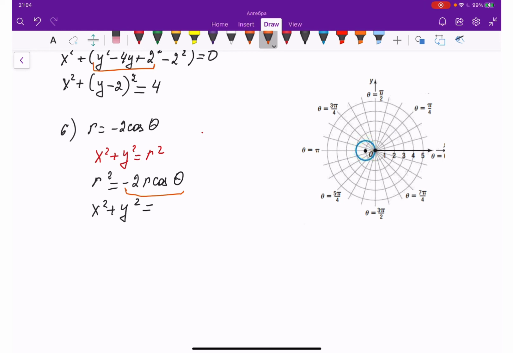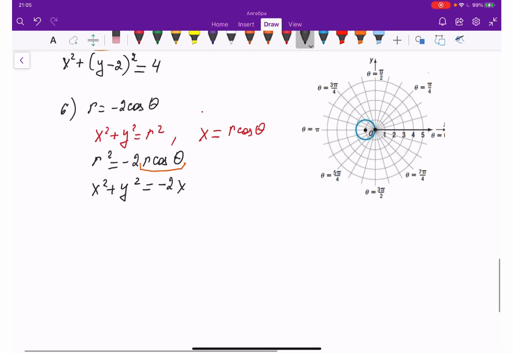But we know that x is equal, in polar coordinates, to r cosine theta, which means if I replace r cosine theta with x, I'm going to get minus 2x. Okay, let's rewrite x squared, moving over, getting plus 2x plus y squared equal to 0.